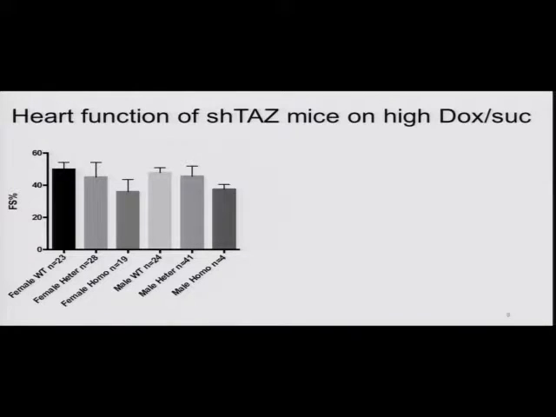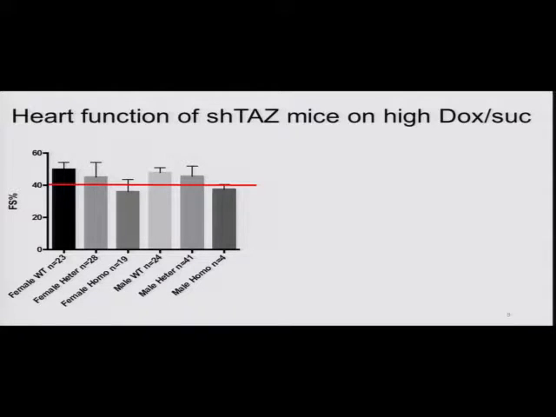The higher, the better; the lower, the worse. The heterozygote female mice have slightly lower heart function, but comparable to the wild type. The male side also has the same pattern, but for unknown reason we got a very low number of male homozygotes, and we are in the process of analyzing why.